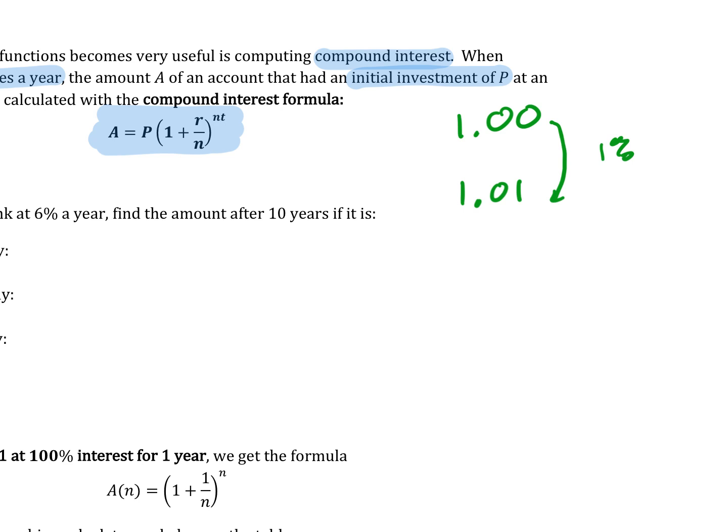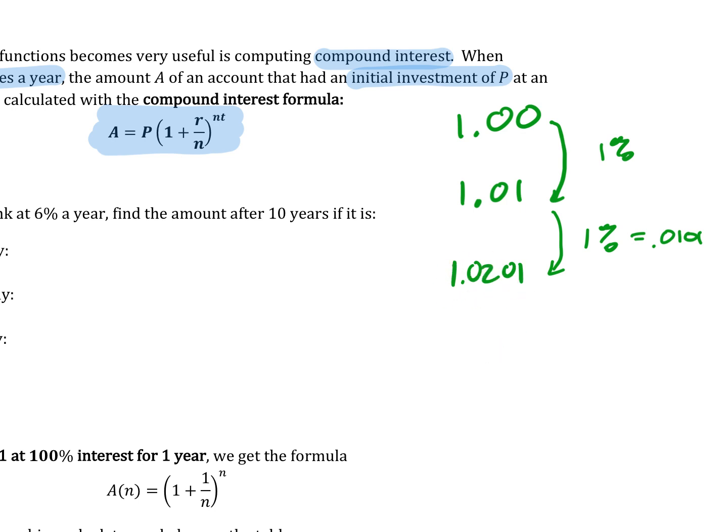If I leave it in there, then the next time period, maybe it's the next year, I get another 1%, but it's not 1% of the original, it's 1% of what I have now. And 1% of what I have right now is 0.0101. And if I add that to what I had before, now I've got 1.0201. Okay? And if we keep going, next we'll get interest of 1% of this.